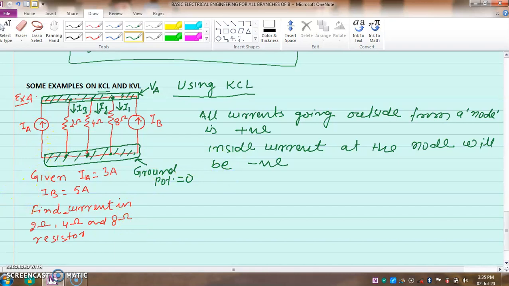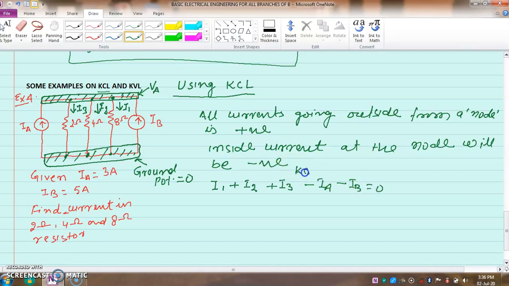So now you will write here that IA, IB and I1, I2 and I3 are the values of currents. So now we will write I1, this is current outside, plus I2 plus I3 minus IA minus IB equal to 0.